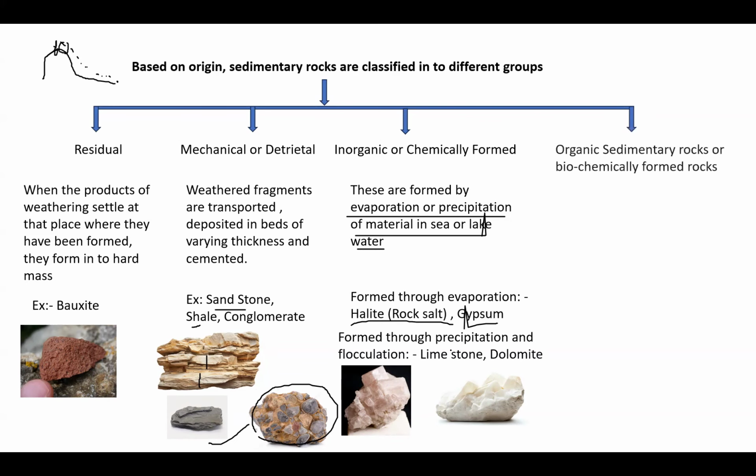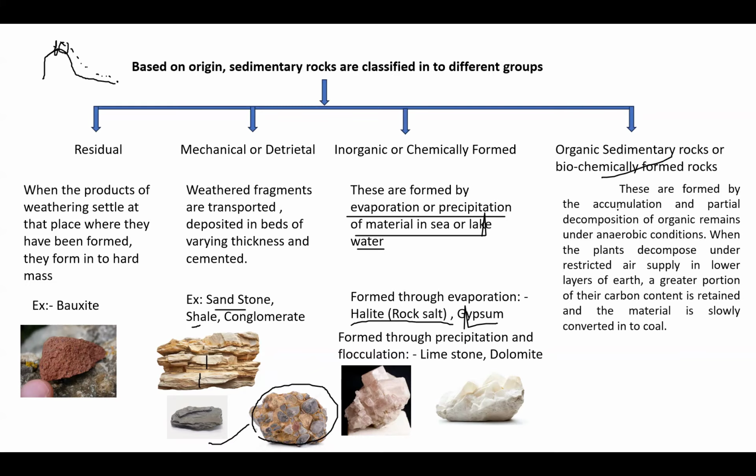And finally, organic or biochemical sedimentary rocks. Mostly these types of sedimentaries are nothing but the hydrocarbons. They are formed by the accumulation and partial decomposition of organic remains under anaerobic conditions, when plants decompose under restricted air supply in the lower layers of the earth, a greater portion of their carbon content is retained and the material is slowly converted into coal.